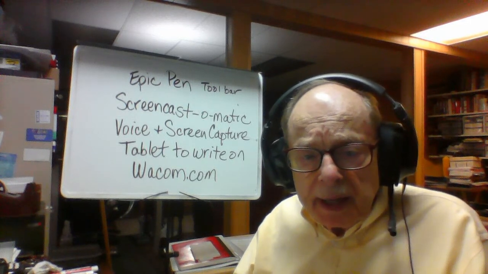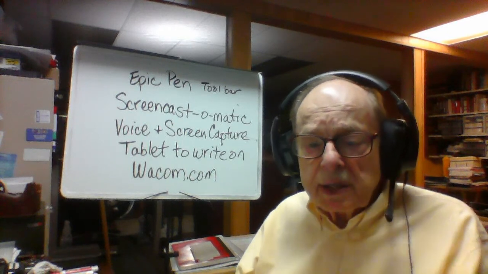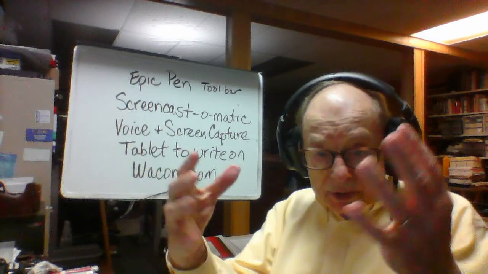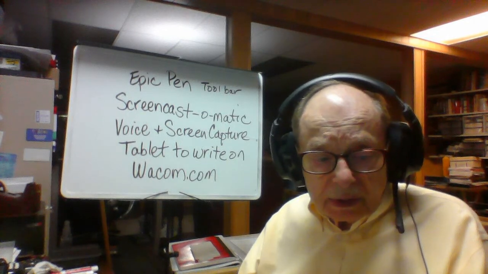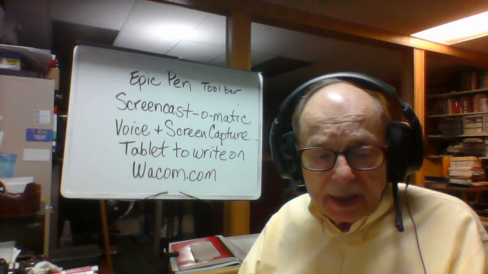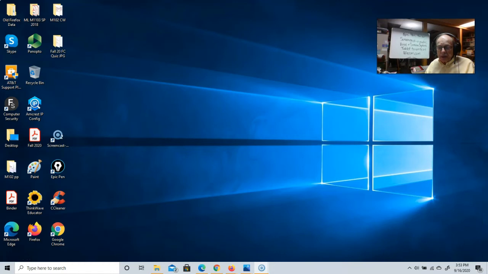Now, the Epic Pen has a toolbar. So what I'm going to do now is stop, because I can capture what I have here, and then I can also, using Screencast-O-Matic, capture the full screen and make myself a little smaller. And I can move myself around wherever I want.